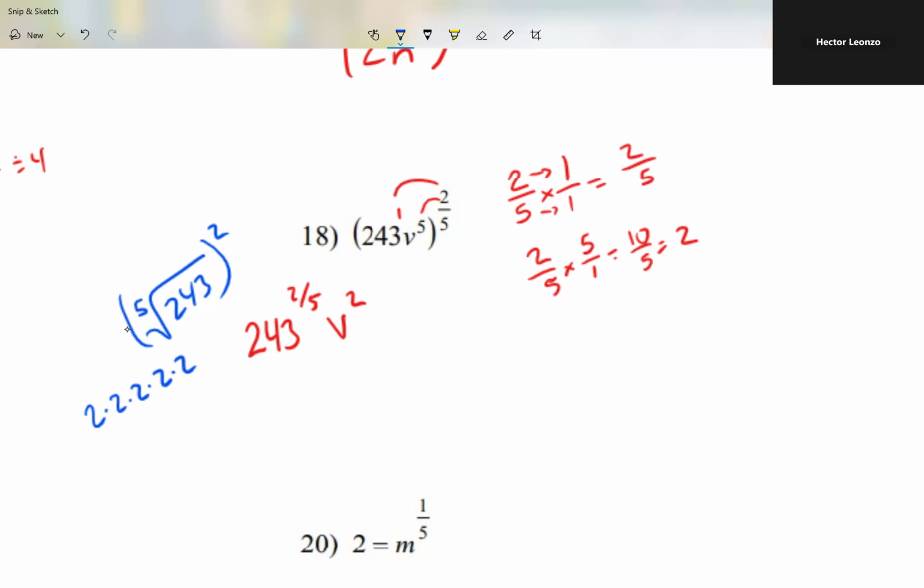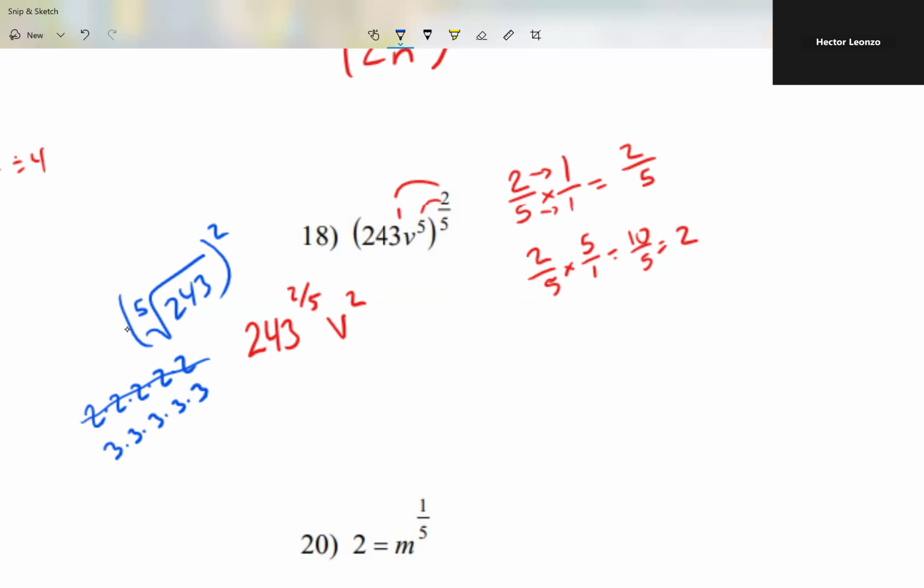Okay, so that doesn't work. If 2 doesn't work, how about 3? What's 3 times 3 times 3 times 3 times 3? What's 3 multiplied 5 times? Right? Use a calculator if you need to.